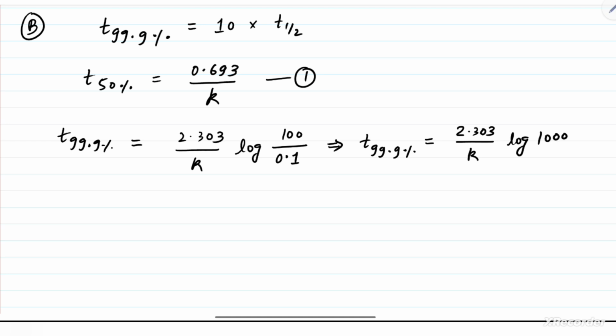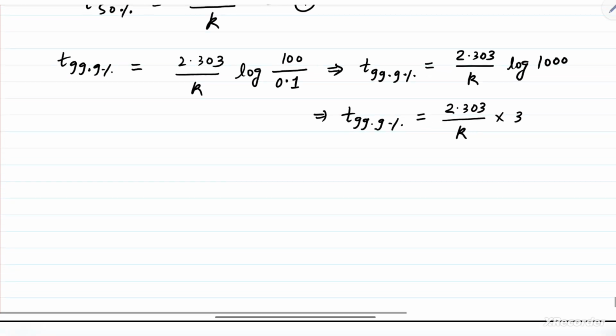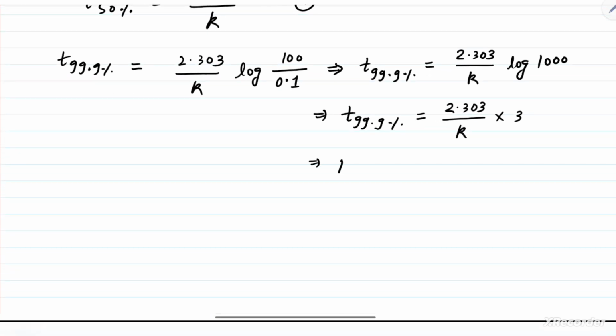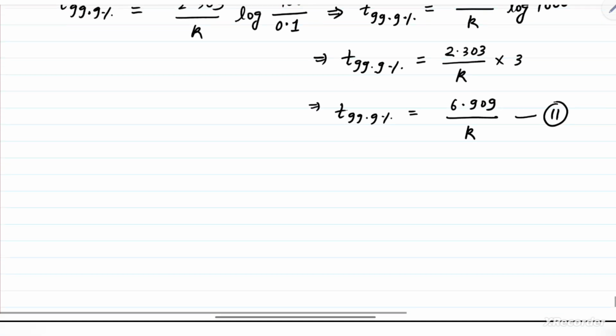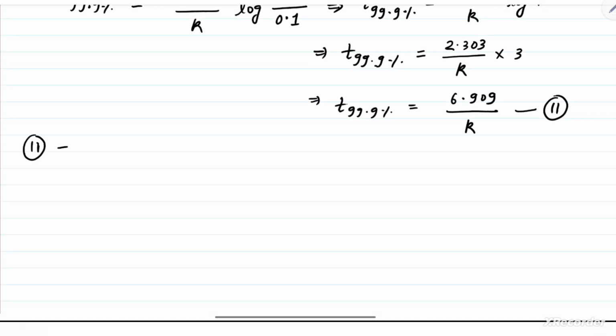That means T 99.9% is equals to 2.303 by K, and the value of log 1000 is 3. So T 99.9% is equals to, when you multiply 3 into 2.303, 6.909 by K. Now this is the second equation, and again divide second by first.